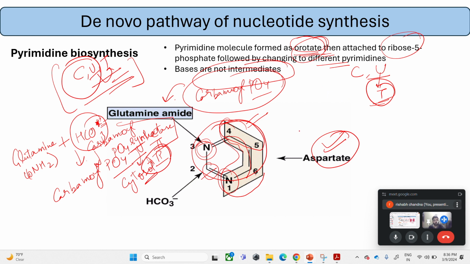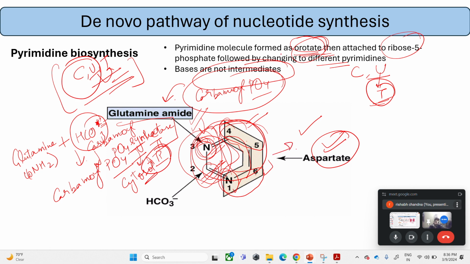Okay, so the correct answer would be aspartate, and the confusing question could be which amino acid the third nitrogen comes from. So this will be glutamine, or there can be carbamoyl phosphate also. So carbamoyl phosphate forms these two particular atoms, that is the C2 carbon and the N3 nitrogen, and the nitrogen, first, fourth, fifth, sixth carbon form from the aspartate.